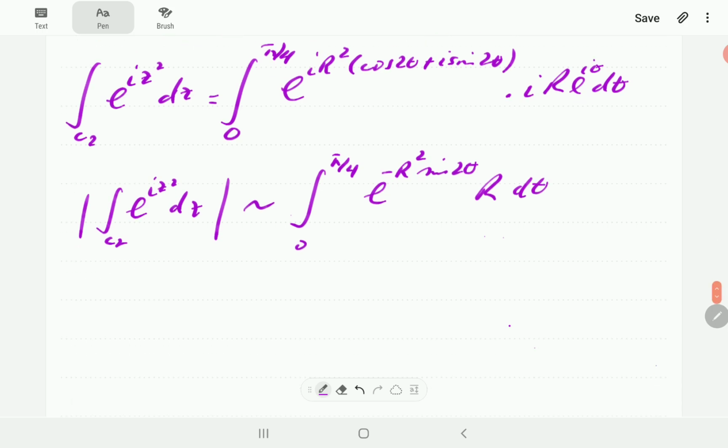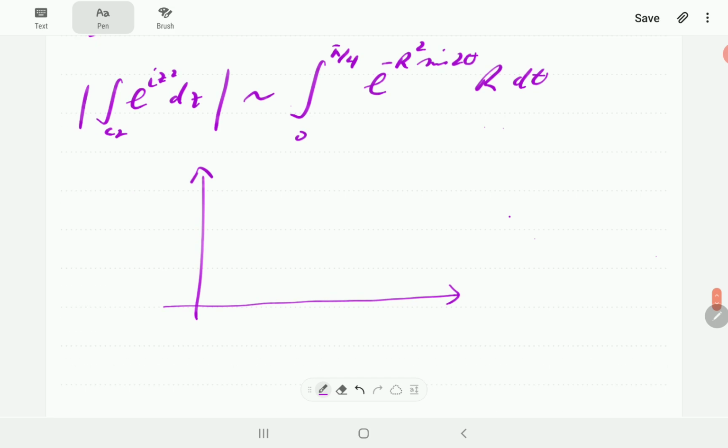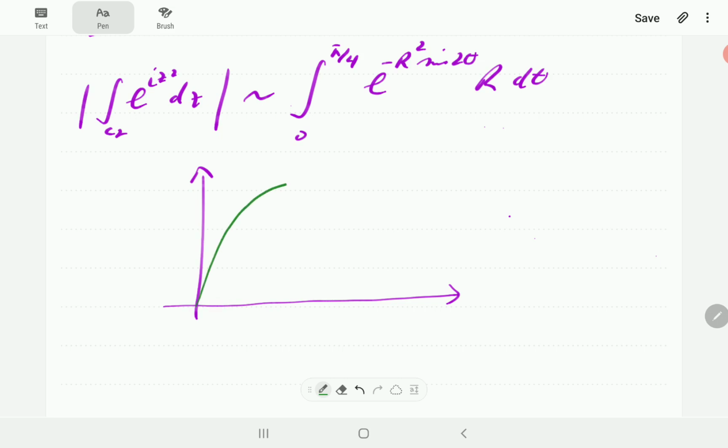Now this integral, we can find an upper bound easily by considering the following two curves in the interval 0 to pi over 4. So first, the function y equal to sine 2 theta is going to have a maximum when theta is pi over 4.